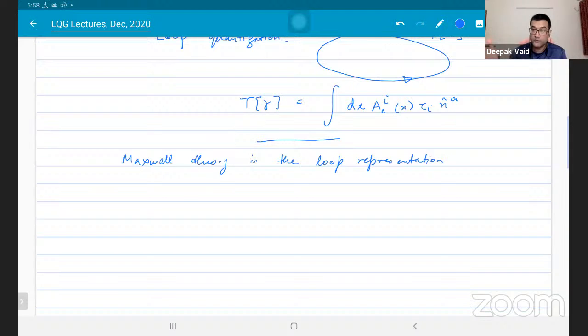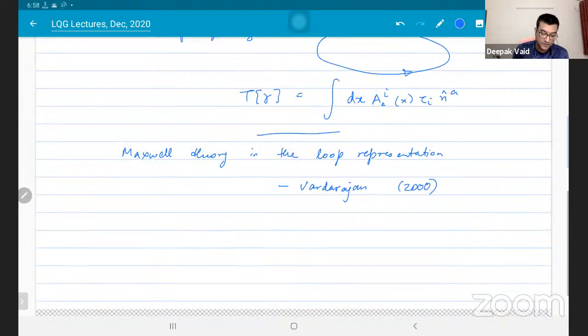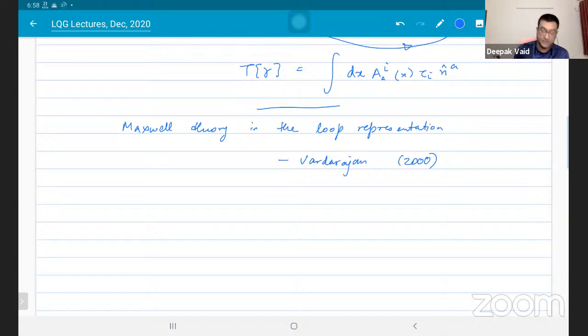Is it equivalent to the usual quantization of the electromagnetic field? And the answer is yes. This is the work by Varadarajan from 2000, and it's still quite instructive to refer to these papers, Maxwell theory in the loop representation.